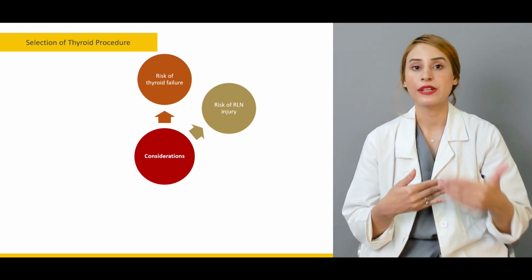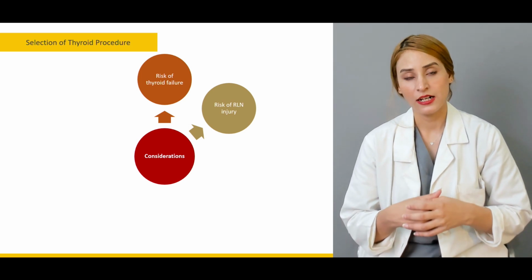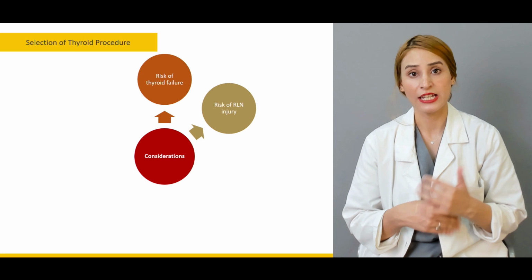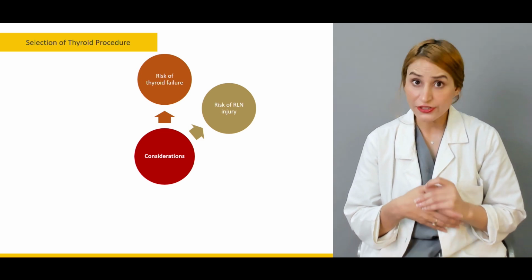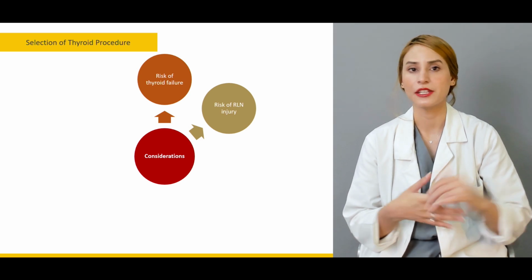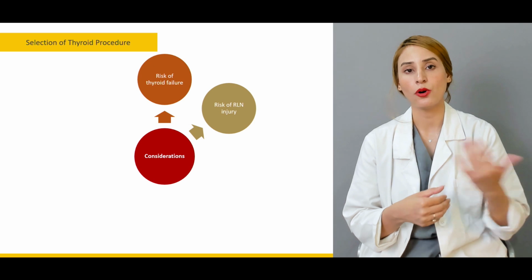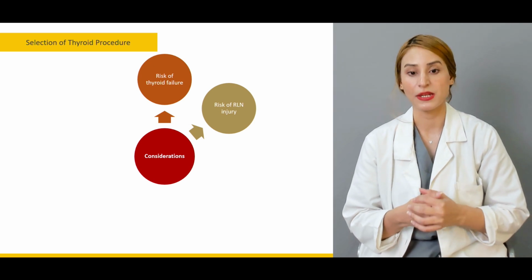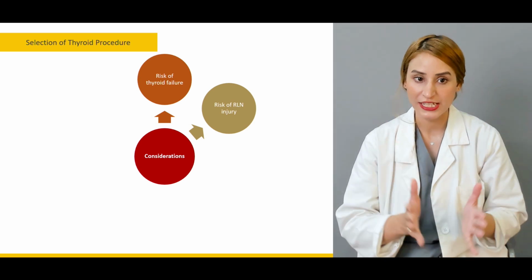But I already told you there are different modalities. You can treat the thyroid disease with pharmacological treatment, or you can also go for the surgical options as well. You can go for lobectomy, you can go for subtotal thyroidectomy, or you can go for total thyroidectomy. But what is the criteria for selection of a particular procedure?